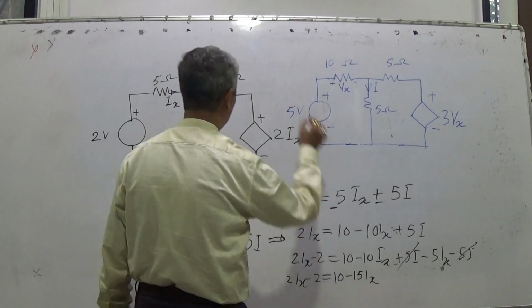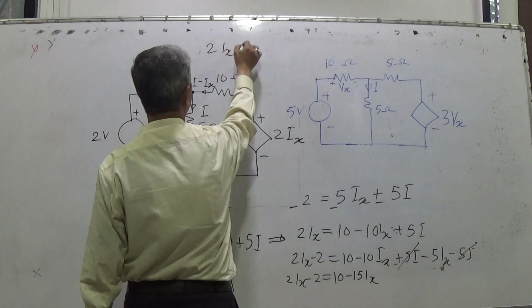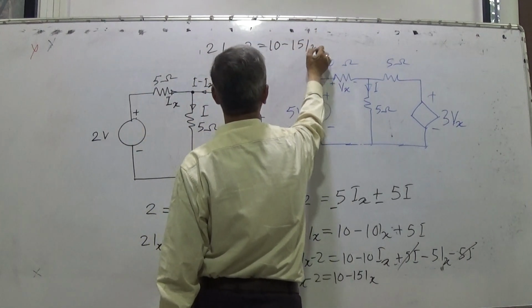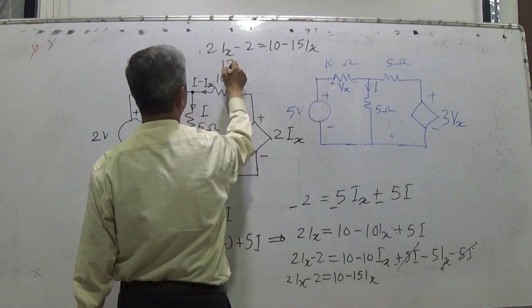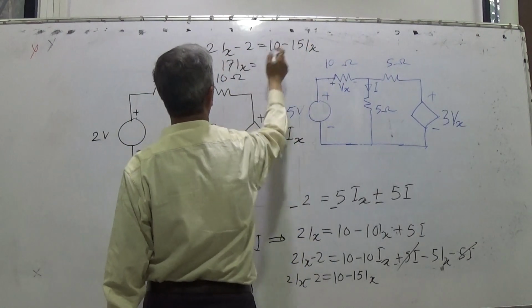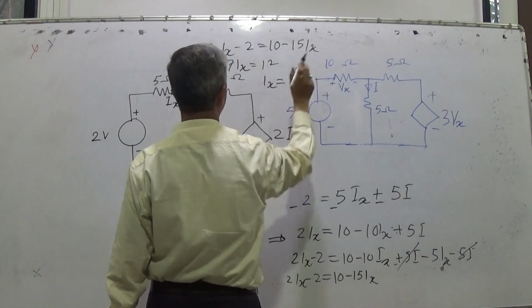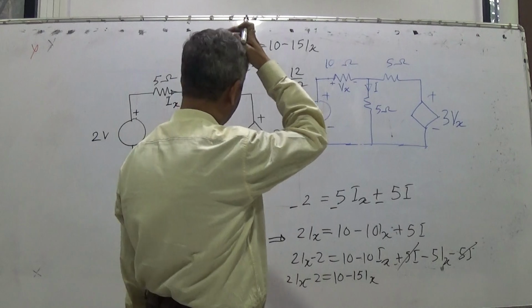Here 10I is a typo for the I-terms cancelling, so 2Ix minus 2 is equal to 10 minus 15Ix. This comes on the other side: 17Ix is equal to 12. So Ix is equal to 12 by 17.